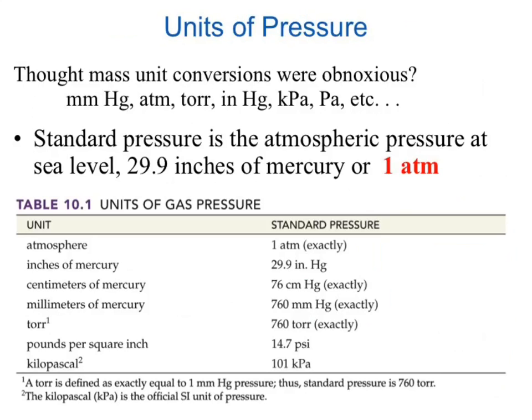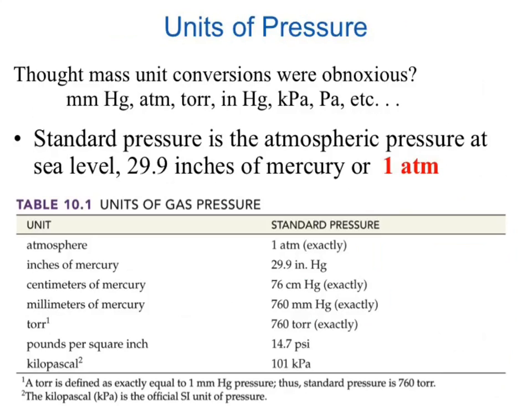Okay? Be aware that what you're trying to do is just kind of convert in between these. If I want to know atmospheric pressure in the units of atmospheres, it's 1 ATM. In the units of millimeters mercury, it's 760 millimeters mercury. What's my conversion factor to go between atmospheres and millimeters mercury? 1 atmosphere is 760 millimeters mercury.